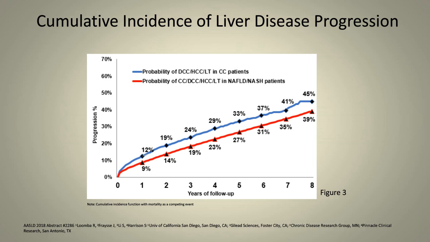Again, I like to emphasize this is retrospective data, but I think the take-home point is that we're not doing a good job of recognizing patients early, and that's where I think this tool, FibroScan plus AST, can really improve our ability to non-invasively and relatively cheaply identify patients that are in the group that is likely to progress to worsening liver disease as illustrated on this graph over an 8-year period of time.